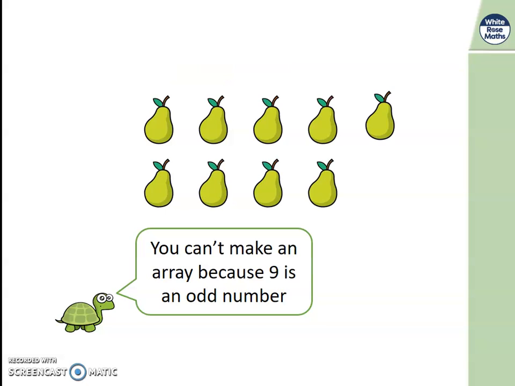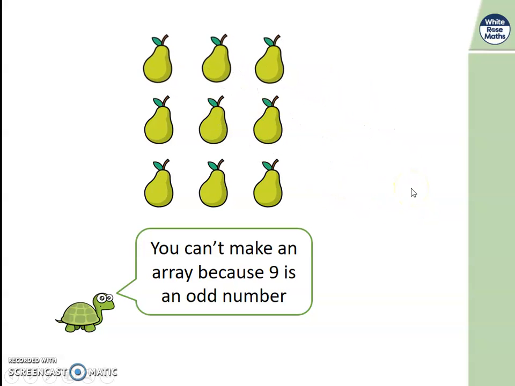So can you see how it wouldn't work well here because we're missing one, but if we rearrange our array, what multiplications can we think of this time? We can think of 3 add 3 add 3 equals 9, or 3 times 3 equals 9. And we call 9 a squared number because when we draw 9 in an array, it makes a perfect square.